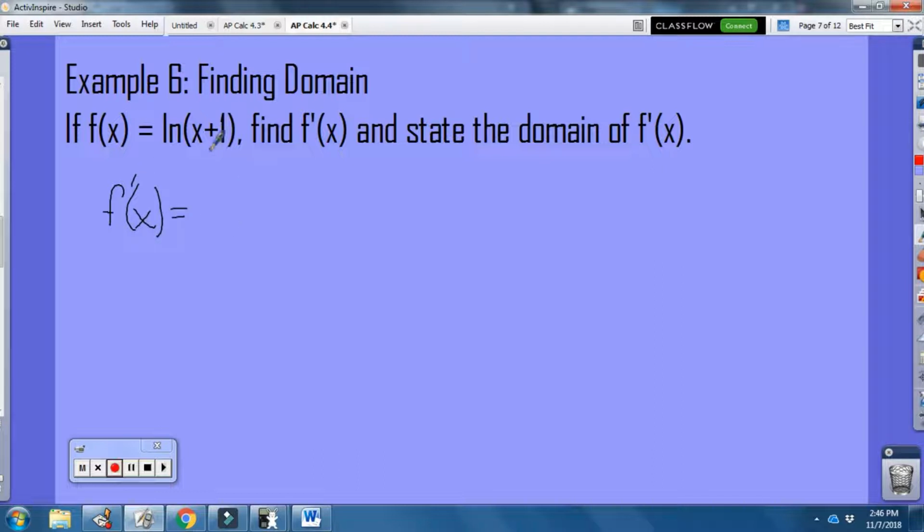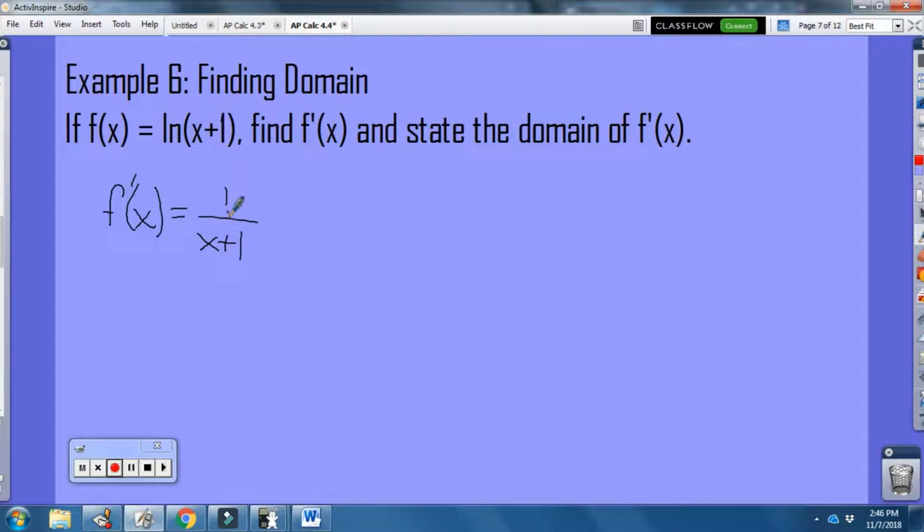The derivative of natural log of x is 1 over x. We just throw everything on the inside on the denominator. And then using the chain rule, I multiply by the derivative of the inside. Well, in this case, the derivative of the inside is just 1. So multiplied by 1, we just have 1 on the numerator.